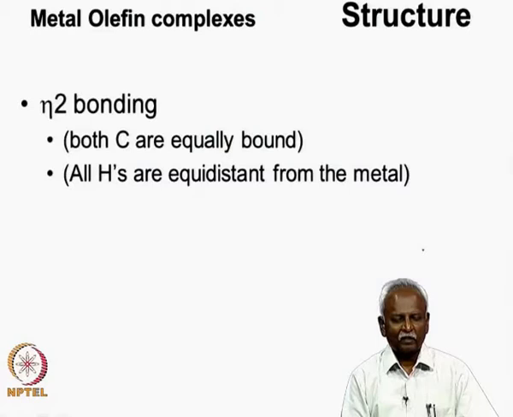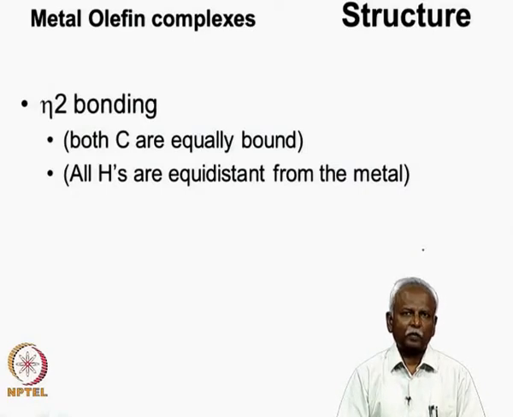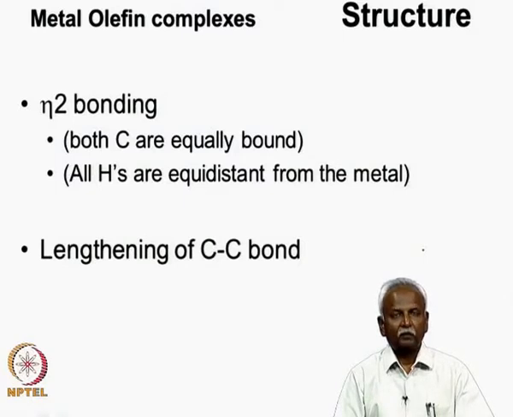Let us take a look at the complexes in greater detail, the structural aspects. You have eta 2 bonding, which means both carbons are equally bound, and if it is an ethylene, there are 4 hydrogens, and all 4 hydrogens are equidistant from the metal. The back bonding that we have referred to, which means the metal gives electron density into the pi star orbitals, lengthens the carbon-carbon bond.